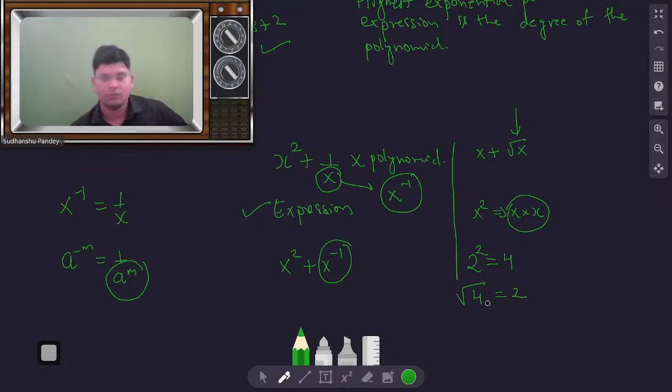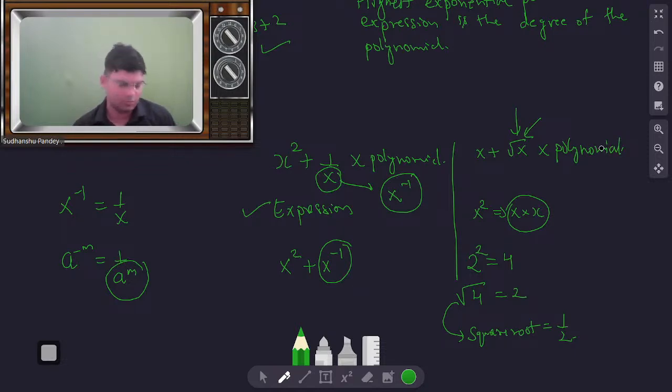I've learned this also. Wonderful. But the exponential power of the square root is written as 1 by 2. Yes, sir. Here the exponential power of root x is 1 by 2. Alright, so that means that this is also not a polynomial. Understood?